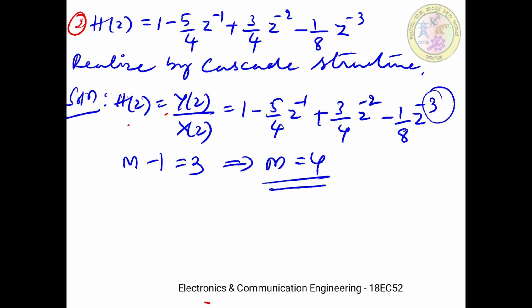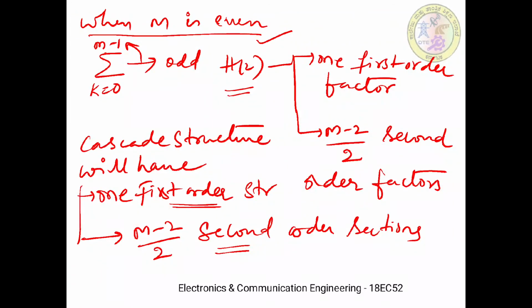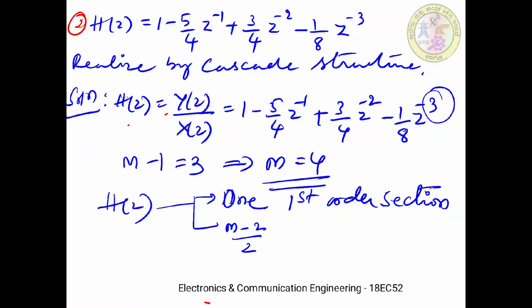Whenever you are going to draw the cascade form realization, how do we have to split h of z? h of z can have one first order section and m minus 2 by 2 second order sections.